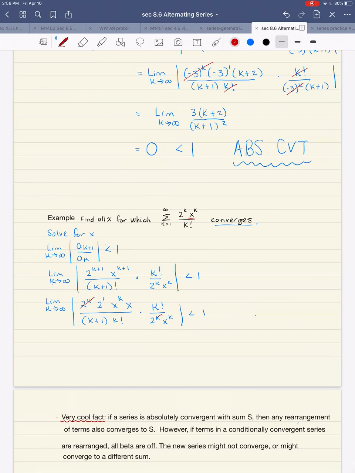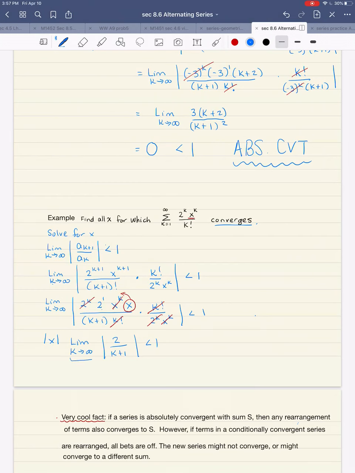Okay, let's change to red and knock out the common factors. x to the k goes out, k factorial goes out. This x doesn't have a k on it, so I'm going to factor it out in front of the limit. It's still in absolute value bars. Here it is. But now my limit is going to be on all the stuff that's left. And what's left is a 2, that's it, and a k plus 1 on the bottom.